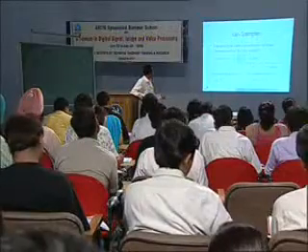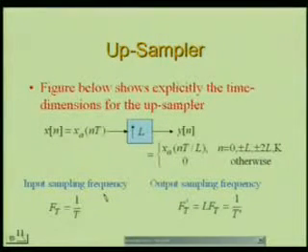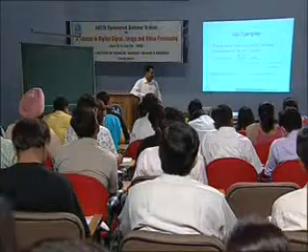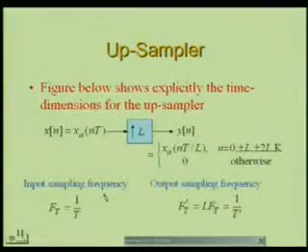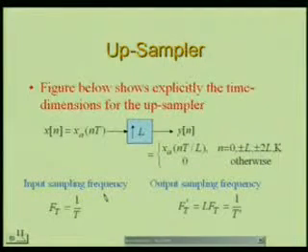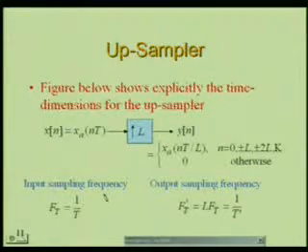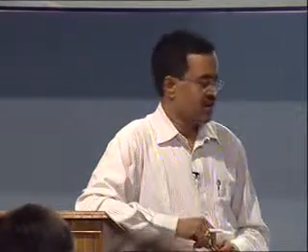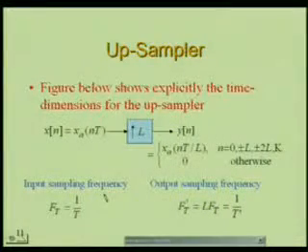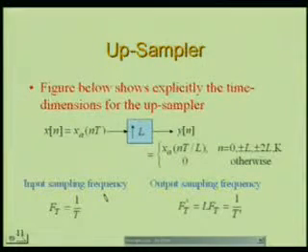Similar is the case with the upsampler. This particular figure shows an upsampler. This figure shows explicitly the time dimensions for the upsampler. x n is the input sequence, which is again obtained by sampling x a n T, where n T is replaced for t, x a t is the time continuous function, and x a n T becomes the discretized version of x a t.